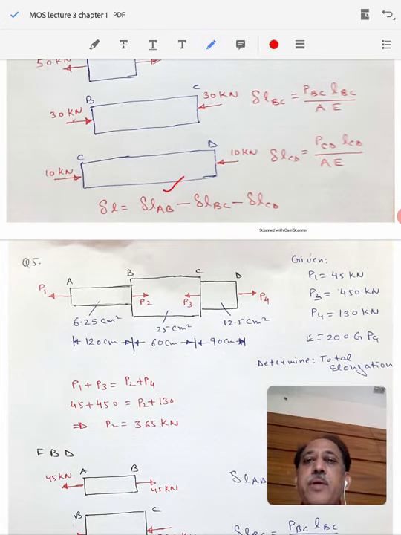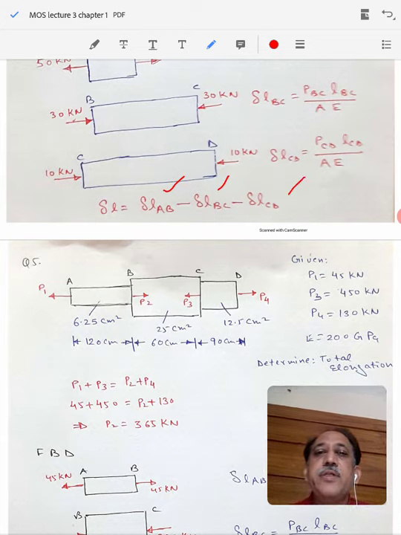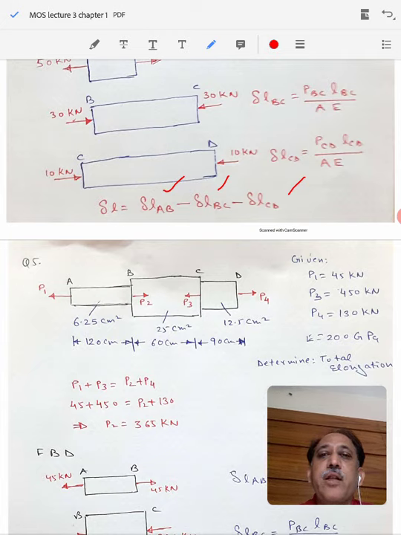Delta LAB will be positive because it is an increase in length of the bar, while BC and CD will be negative because they are a decrease in the length of this machine component. So the net deformation will be the algebraic sum with the proper signs, and the final total deformation we can calculate using this formula.